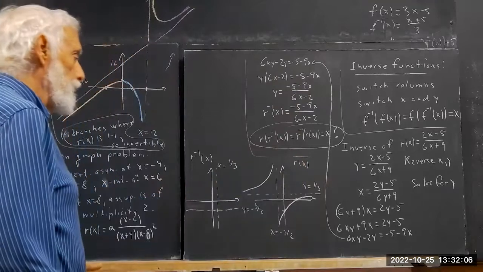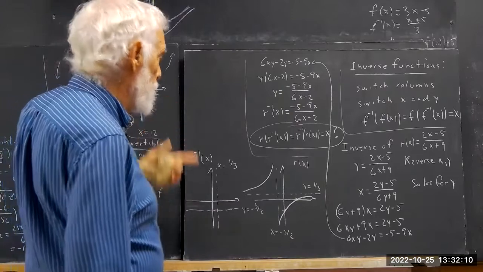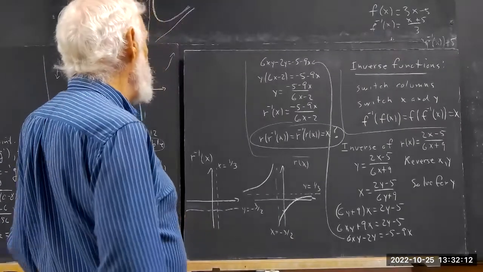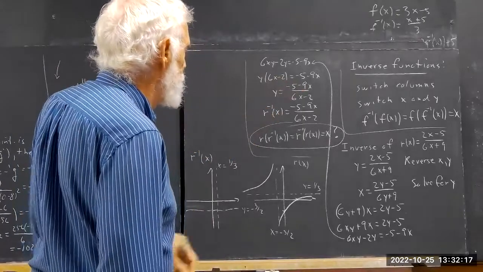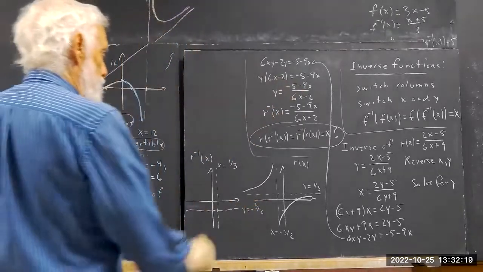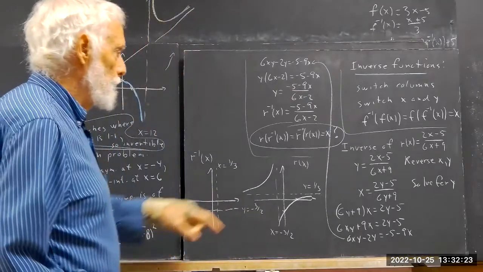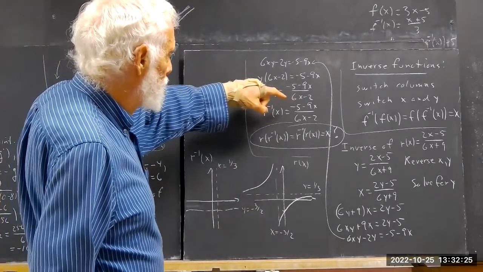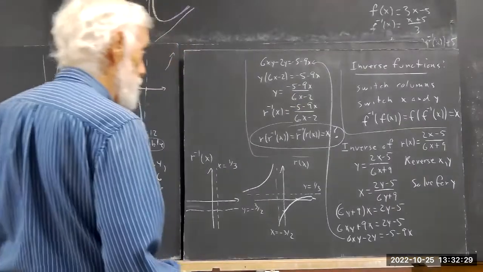You're going to approach this asymptote through negative numbers. At negative infinity, the function is negative. It's going to be asymptotic here. And what's your y-intercept? The y-intercept is -5 over -2, which is 5/2.